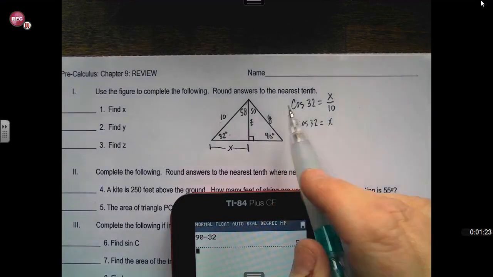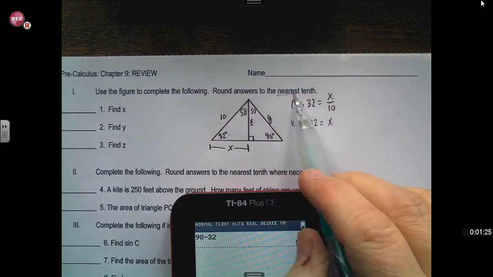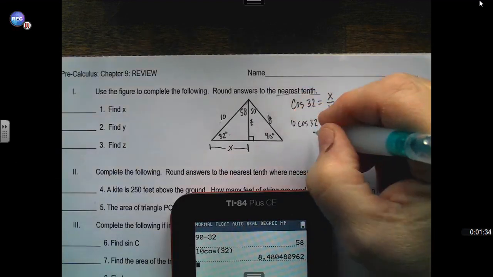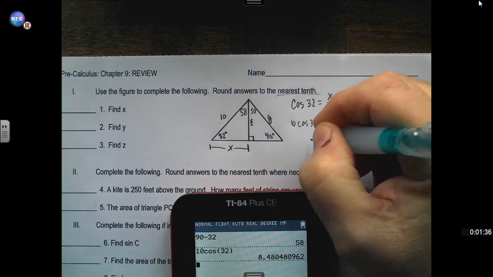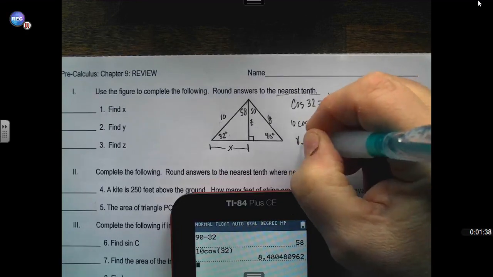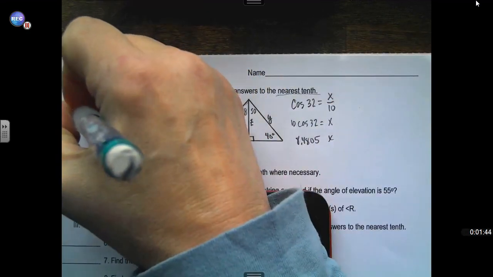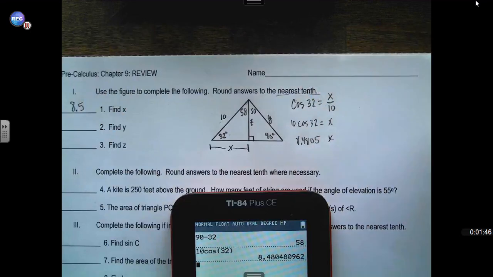It says to round my answers to the nearest tenth. So 10 cosine 32 is approximately 8.4805. So we're going to call it 8.5 to round correctly.